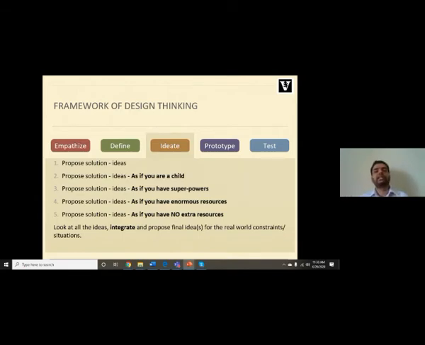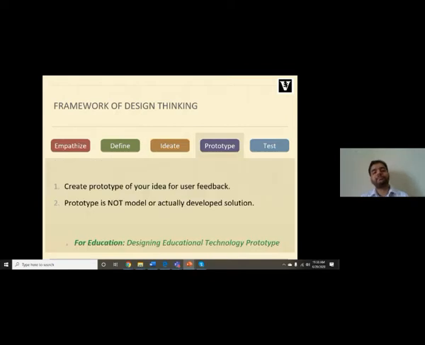So this is the overall ideation process and the thinking processes needed for ideation. So for education folks, ideation will mean proposing some educational technology solution that can solve some teaching-learning defined problems. So the next step is prototyping.